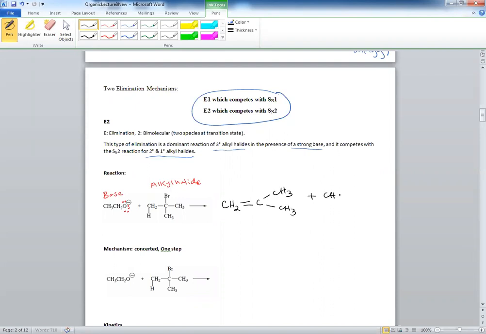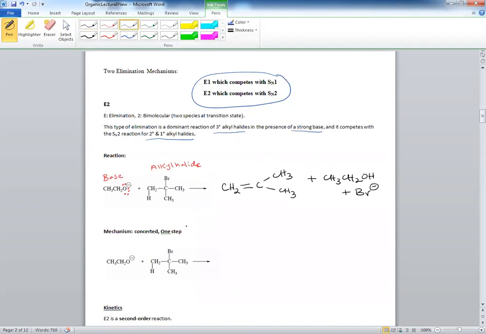Plus CH3CH2OH, and of course the bromine as the leaving group. Now, you see how mechanisms are important, because if we didn't have mechanisms, we would be struggling to understand how this process took place.